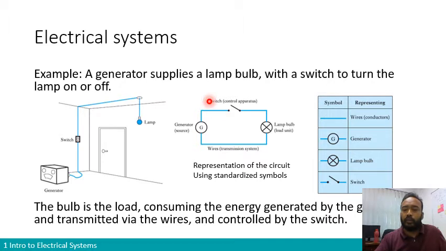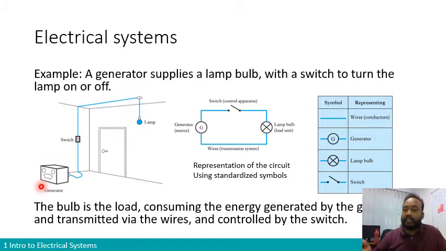If you look at it from a more practical point of view, let's take something more simplistic. Imagine you are in a room that has no wall socket, and you need to supply certain electrical energy, for example, to light up the room. In order to light up the room, you need a lamp, and the lamp needs to be supplied by electricity, which could come from, for example, a generator.